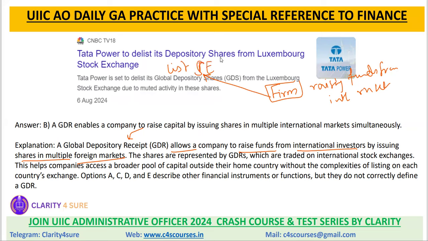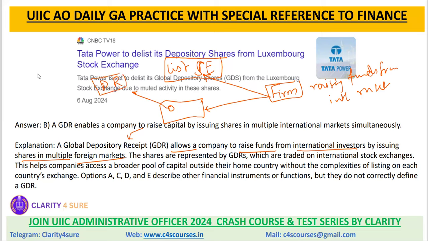If the firm is not interested in listing its shares on the stock exchanges, it can go to a merchant banker or a bank of that country. Let's suppose they need to take funding from the US. They will go to a US bank, and this US bank will take shares of this firm and sell these shares in the form of depository receipts.